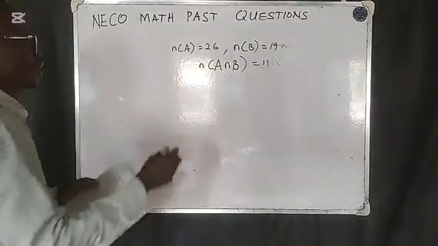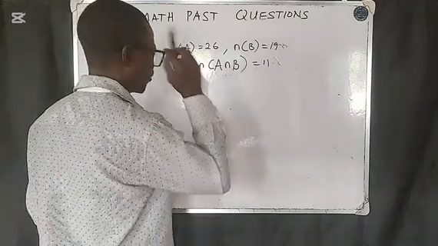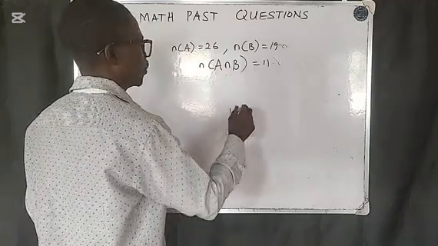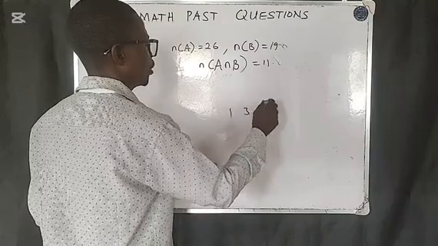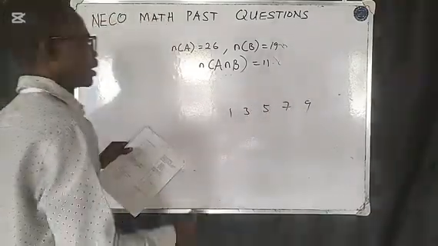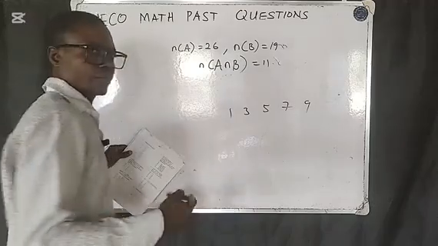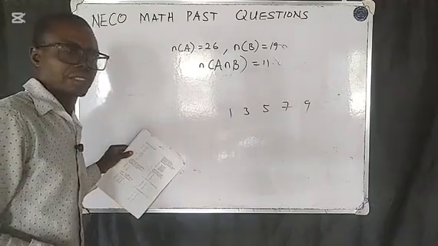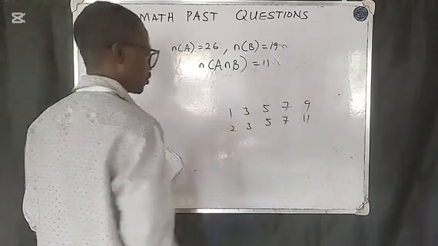Let's say, for example, all numbers start from the first odd number, 1. We have 3, 5, 7, 9. These are odd numbers. Let's call this our set A. Then set B, the first prime number will be 2. We have 3, 5, 7, 11.